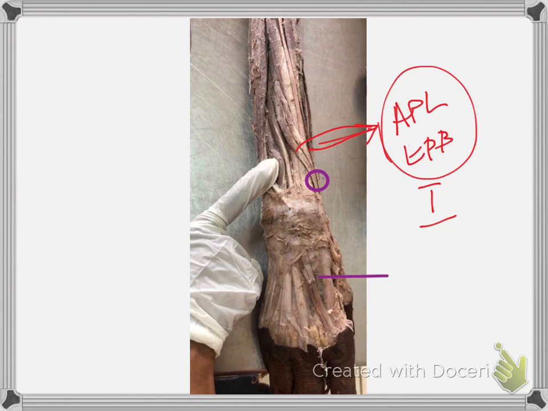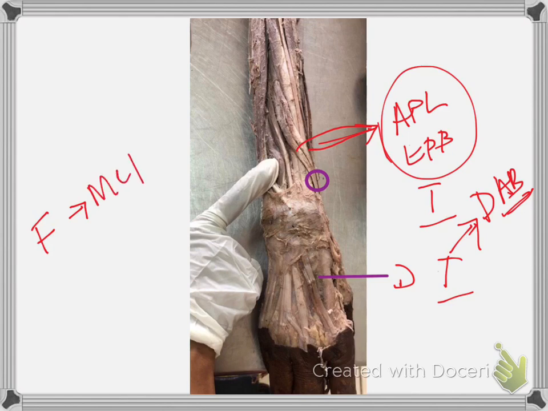Next, this one is dorsal interossei. Dorsal interossei, the action we will ask, action is DAB, D-A-B. AB means abduction. Dorsal interossei abduction, palmar interossei adduction. Not only abduction, another action is flexion of the metacarpophalangeal joint and extension of interphalangeal joints.